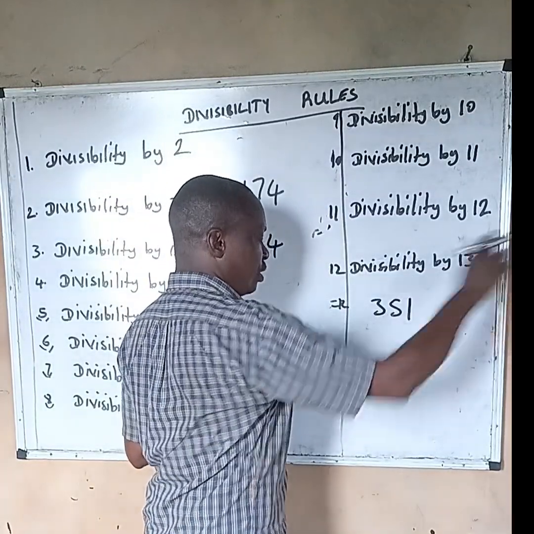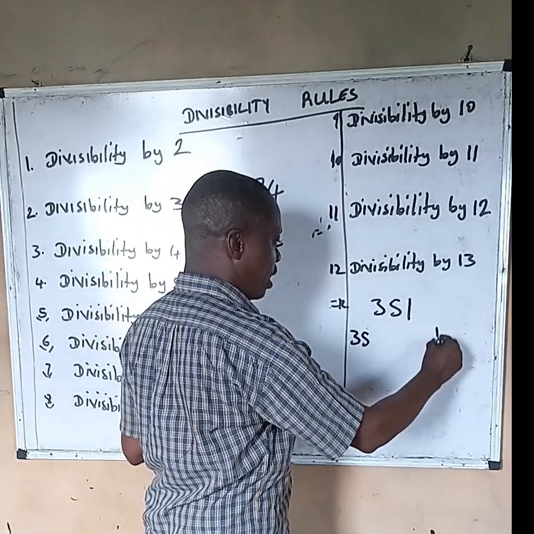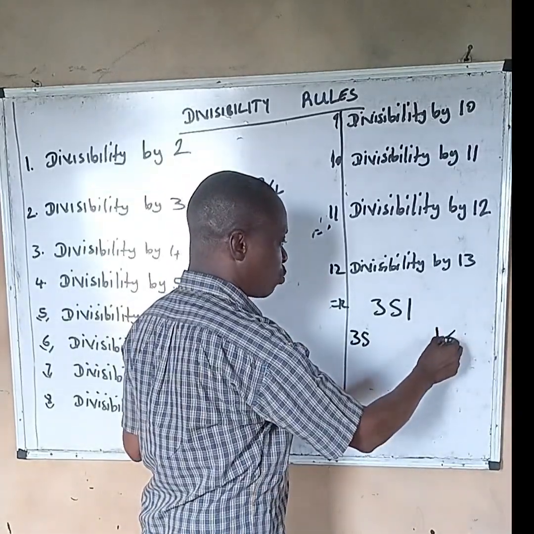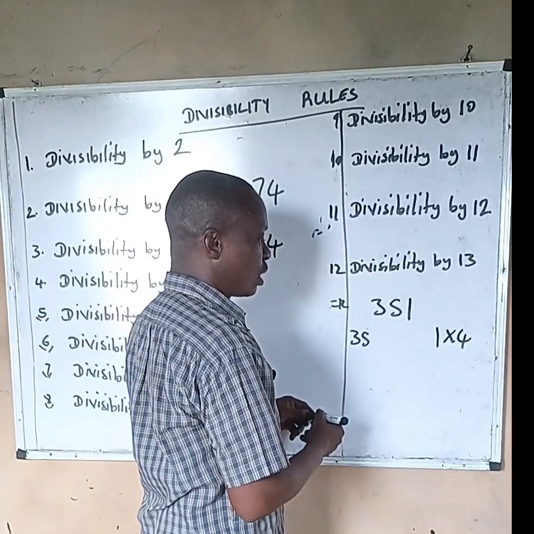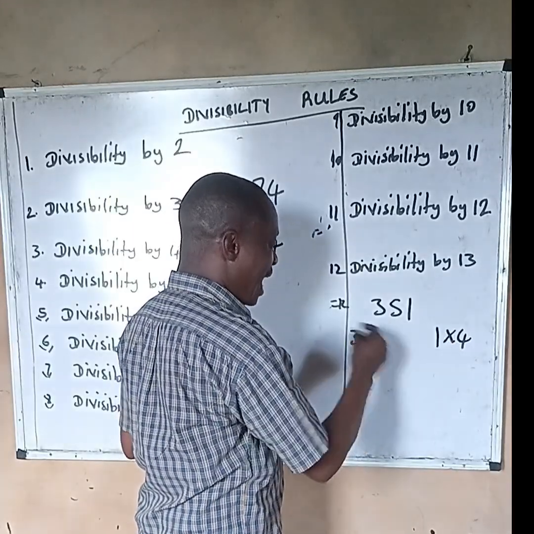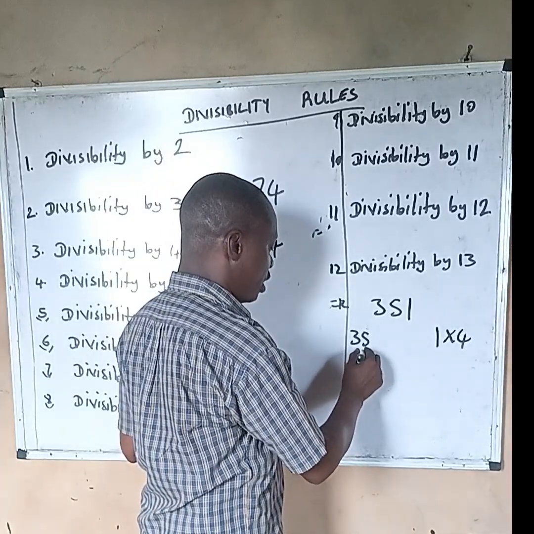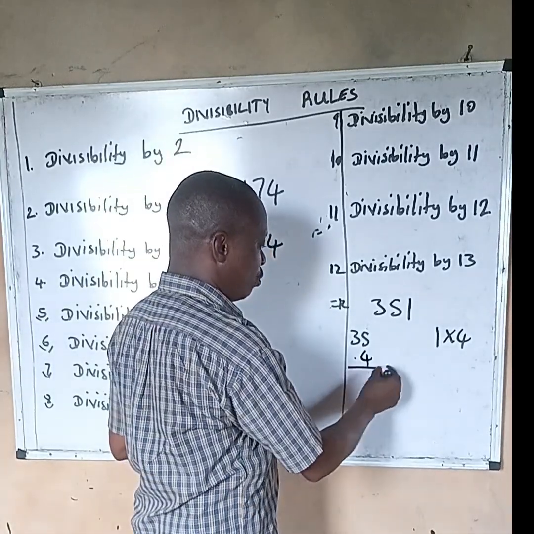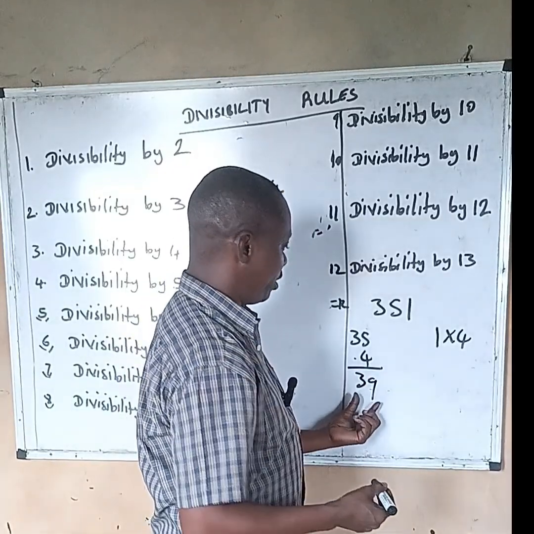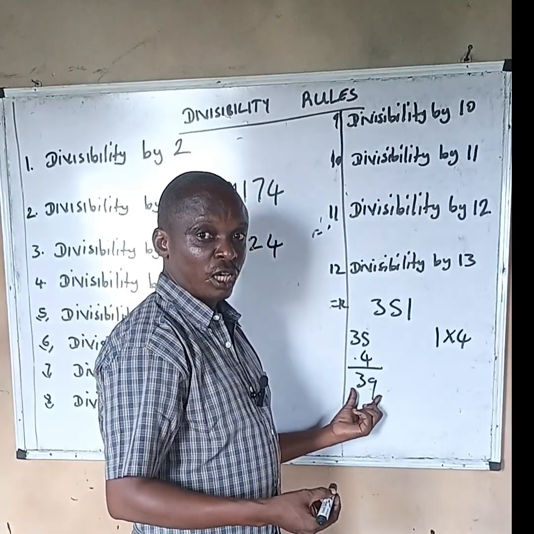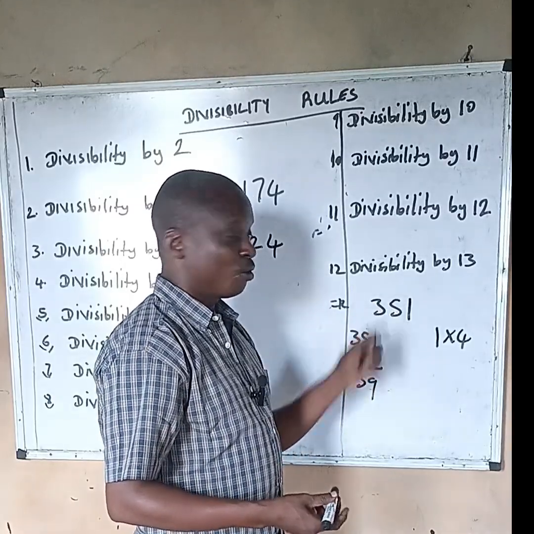Delete the last digit. You will now be left with 35. The last digit is 1. Delete it, then multiply this 1 by 4. If you multiply 1 by 4, you get 4. That number, add it to the remaining digits. So it will be 35 plus 4, which gives you 39. And if you divide 39 by 13, you get 3. So it means 13 can divide this number.